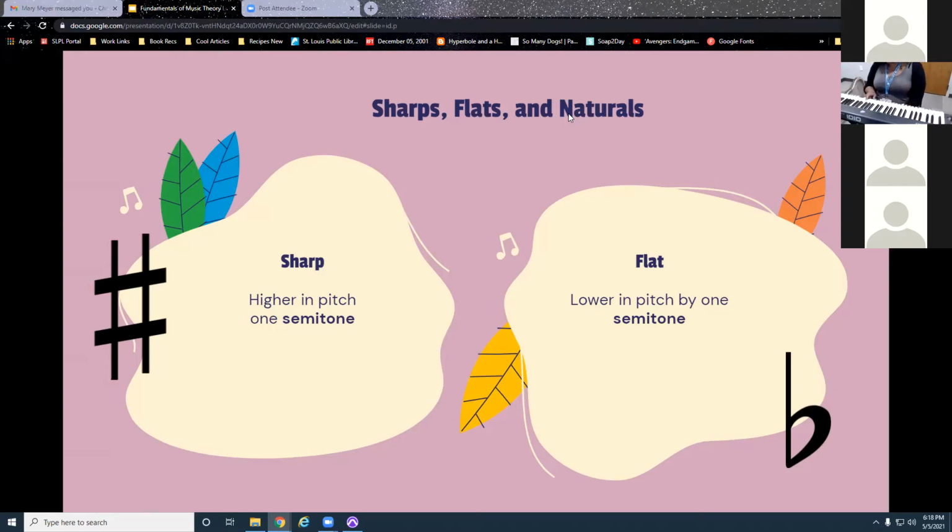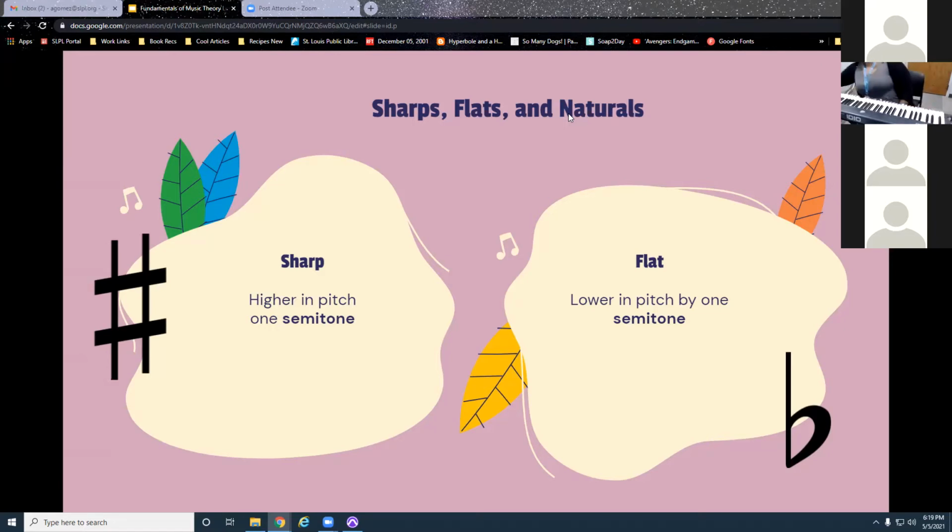And then for B and C and E and F, even though there's no black key in between them, that concept is still the same, just laid out a little bit differently.